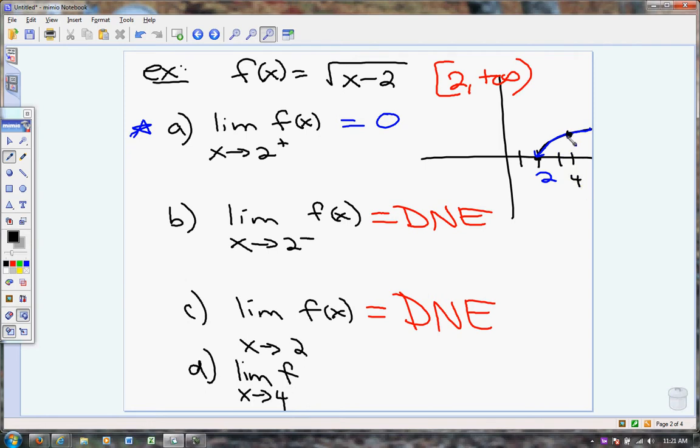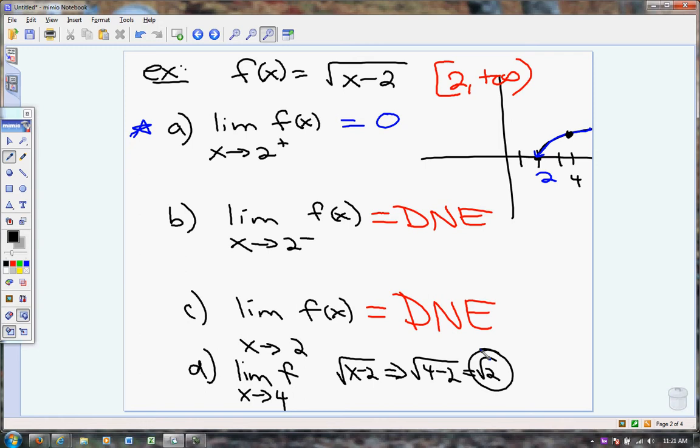Yeah. Isn't this just a substitution problem? The function is defined there, right? So you would just put a 4 in the square root of x minus 2. The square root of 4 minus 2 is the square root of 2. Remember that? That's what we spent a couple days doing. Okay?